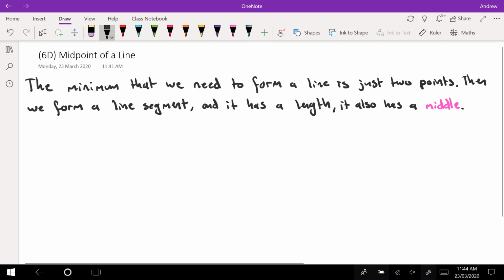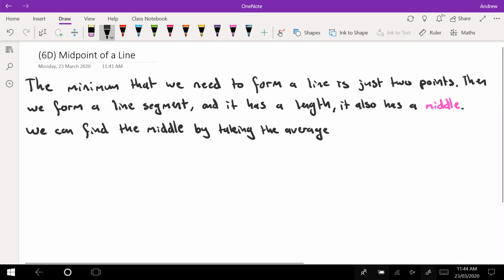Because it has a length, we can always find the middle. We can find the middle by taking the average of the 2 points.